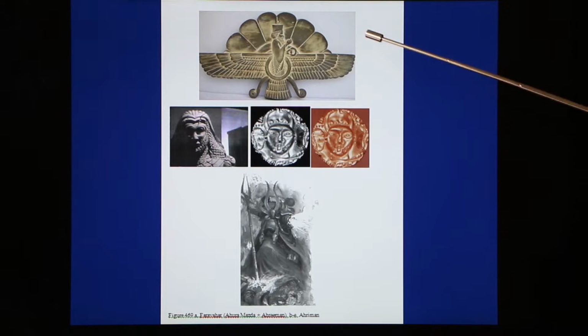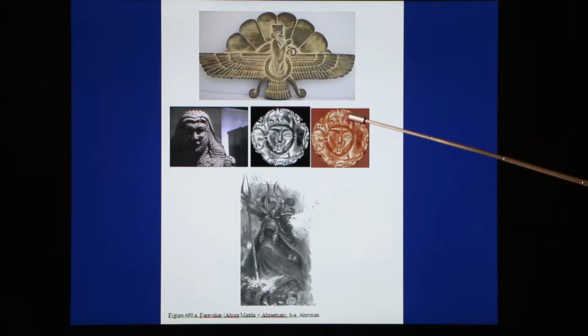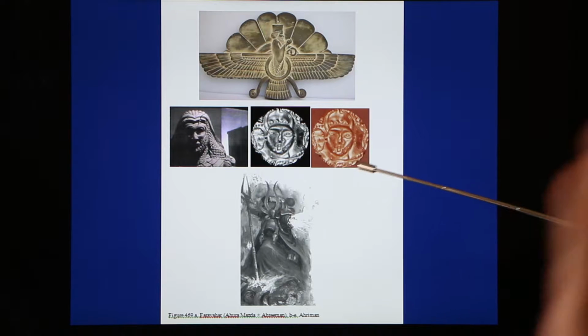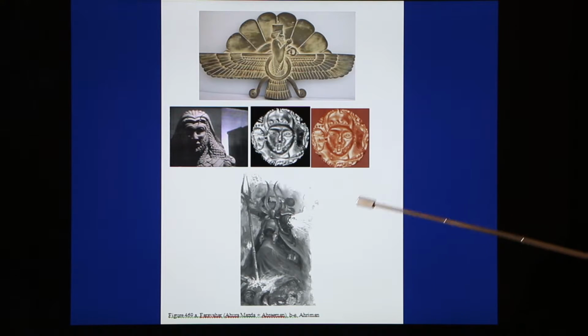And here we have Faravahar or Ahura Mazda, and his opposite, Ahriman, who then takes the form of what we would now call Satan. But in the early days, he is not Satan. He is a power of darkness that is almost on a par with the god.